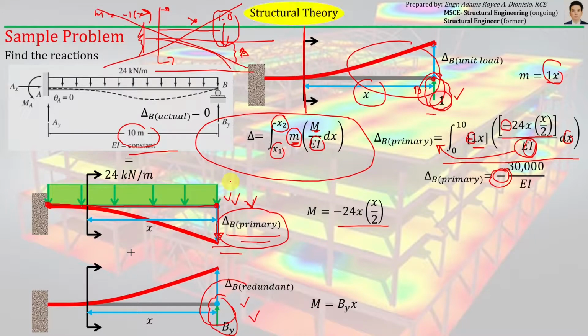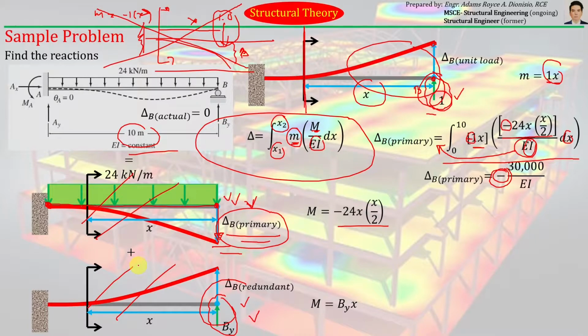If you want a long method or long solution, you have to construct separate unit loads, so you'll have two structures loaded by a unit load, one for the primary and one for the redundant.